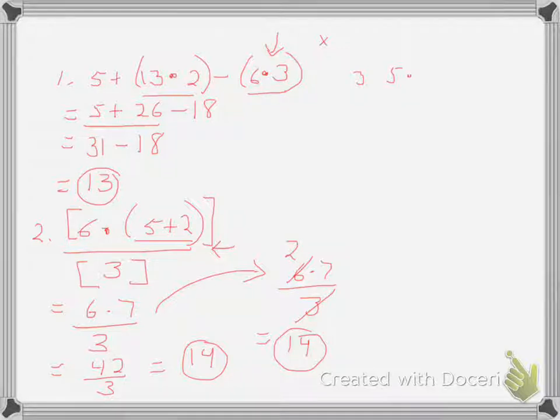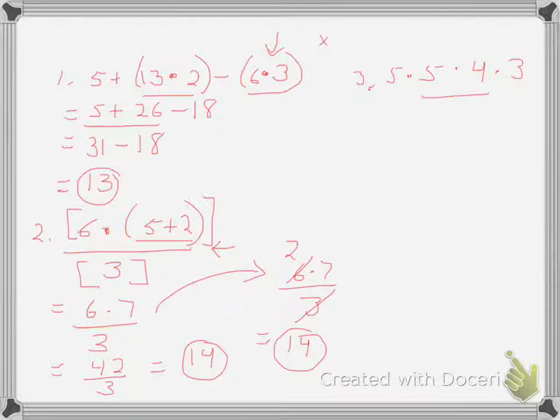5 times 5 times 4 times 3. I want to remind you that because of the commutative or the associative property of multiplication, I can do these in any order. So look for multiples of 10, for instance, things that go in evenly.